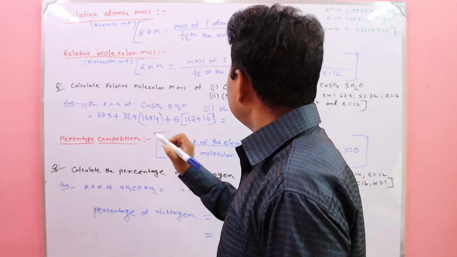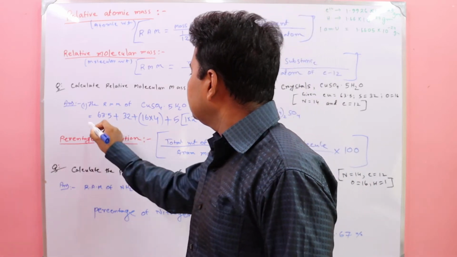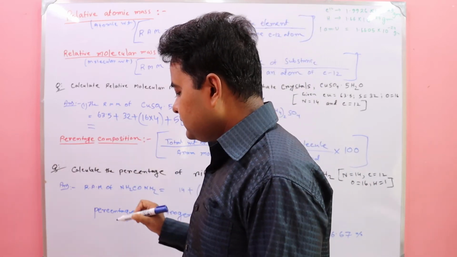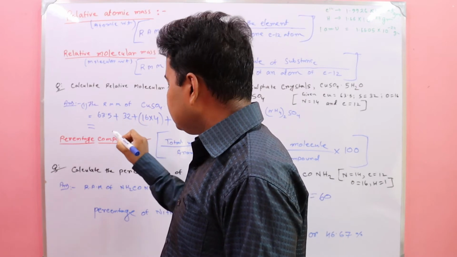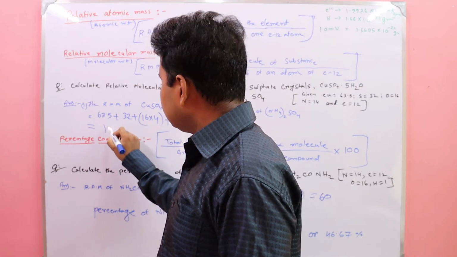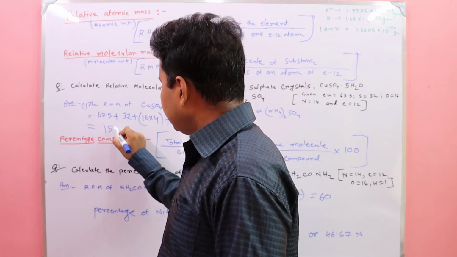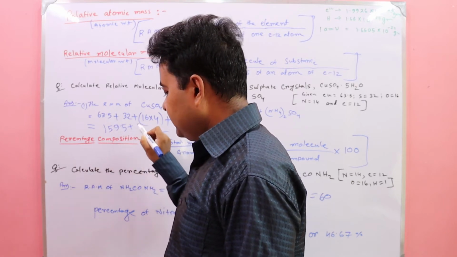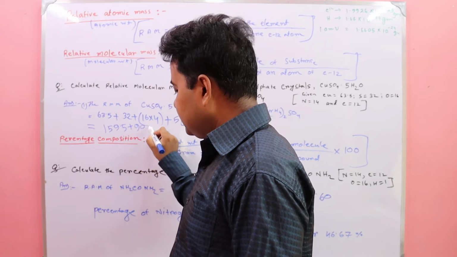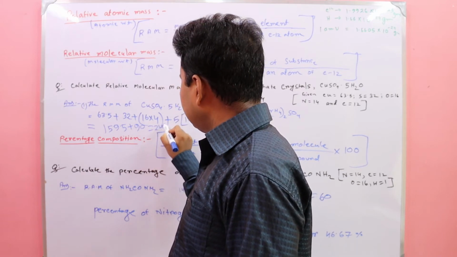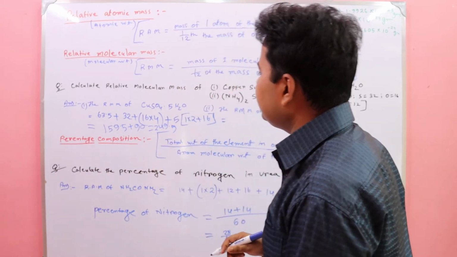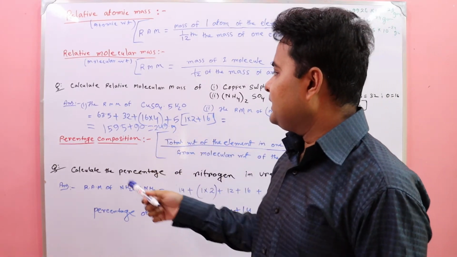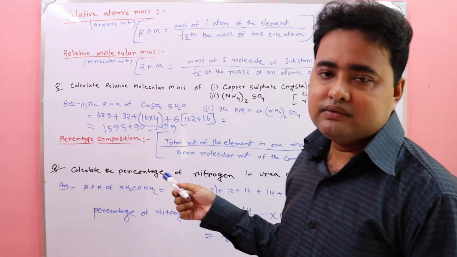So if we calculate, it becomes 159.5 plus 90, so it becomes 249.5. You can calculate, the calculation is very easy.